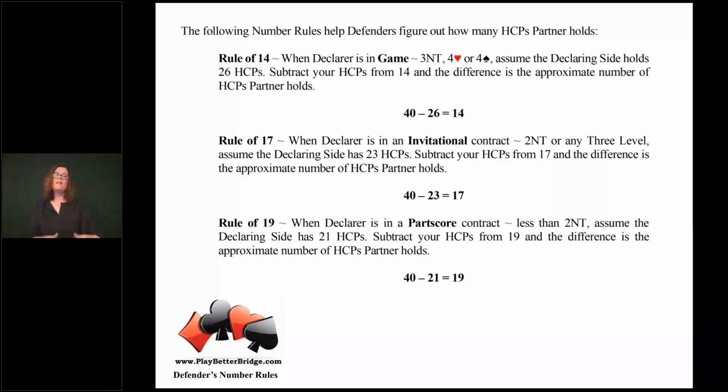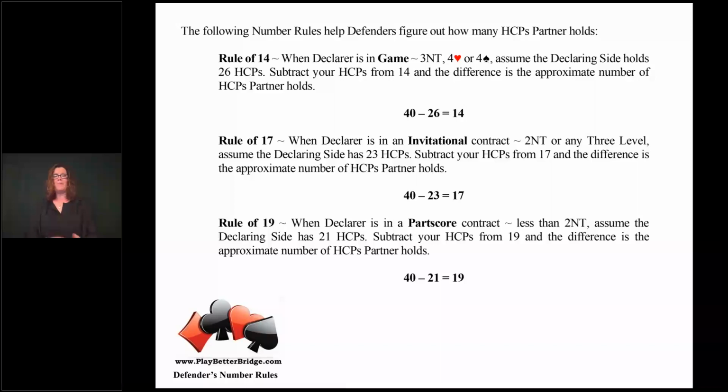All right, rule of 19. Rule of 19 is when the declaring side is in part score. So they didn't even invite. Maybe it went 1 no trump, all pass, or 1 heart pass, 2 hearts, all pass, right? Nobody tried to move towards game. And so you subtract their approximately 21 high card points from 40, and that leaves your side approximately 19.